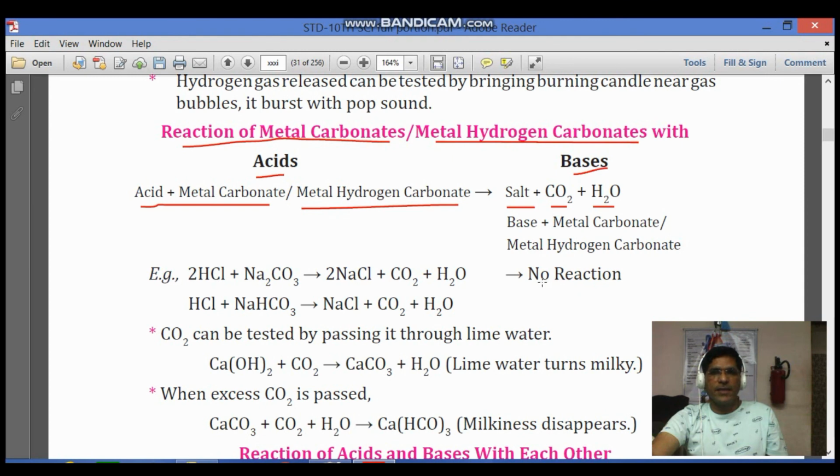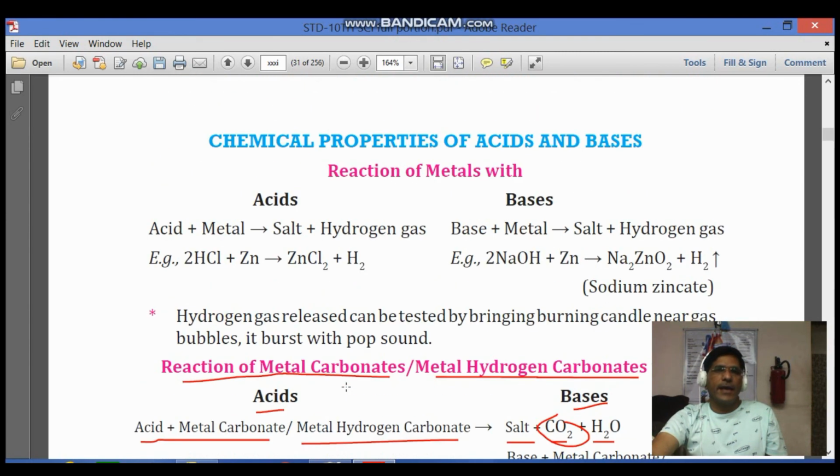With base there is no reaction. When metal carbonate reacts, it liberates carbon dioxide. When a metal reacts with acid, it liberates hydrogen gas. A metal with base again liberates hydrogen gas, giving a basic salt, sodium zincate, and an acidic salt, sodium chloride.